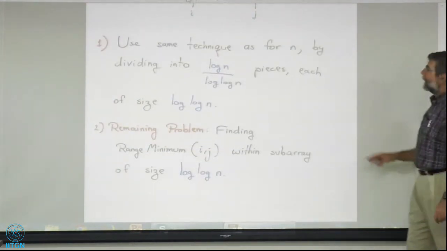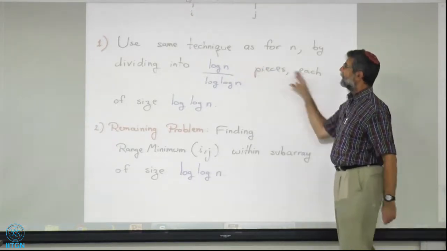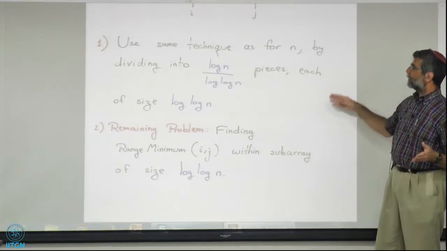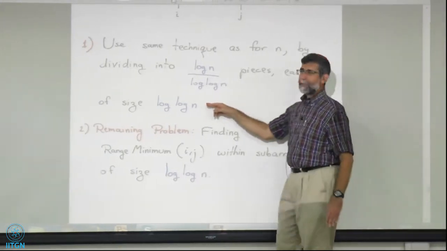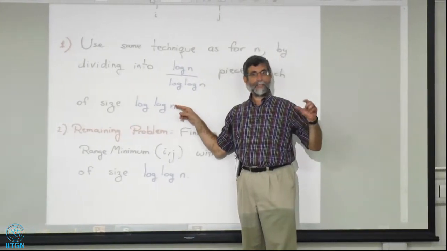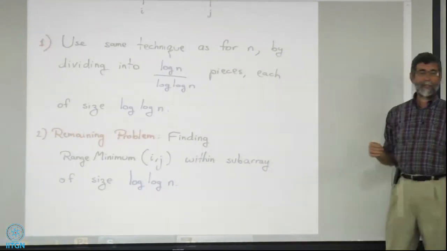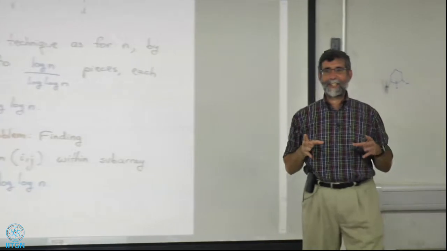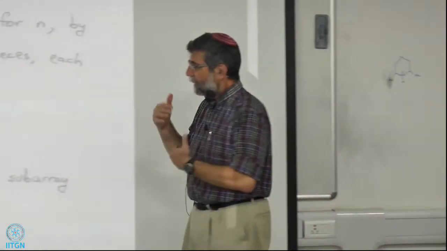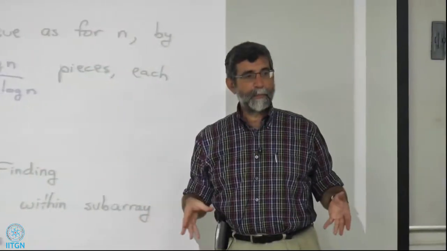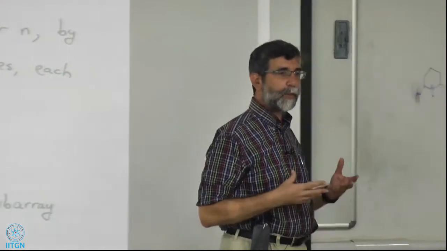We're going to divide the log n into log n over log n pieces, each of which is going to be of size log n. And we're going to do what we did before. We multiply the work, but it's still linear time pre-processing, and in time O of 1 we get it.